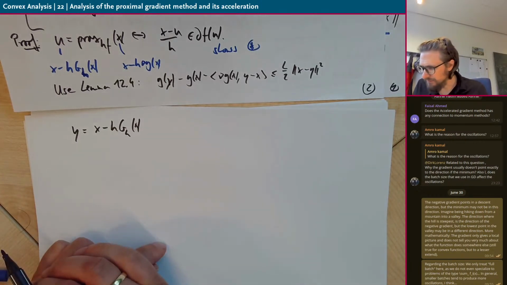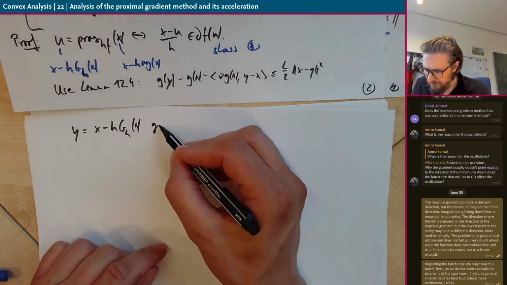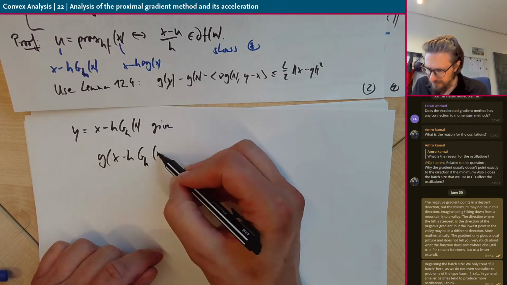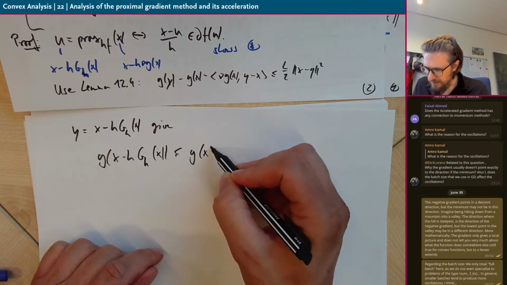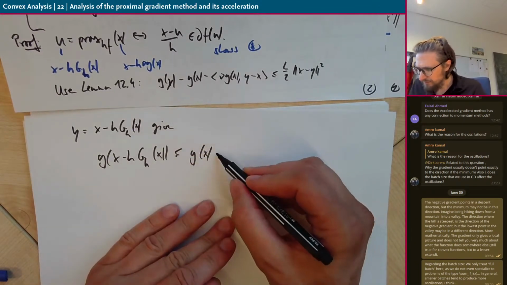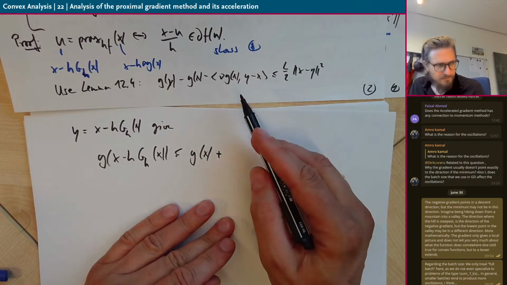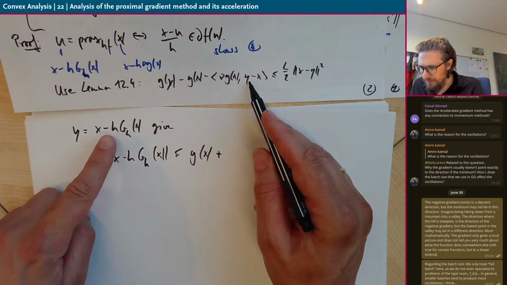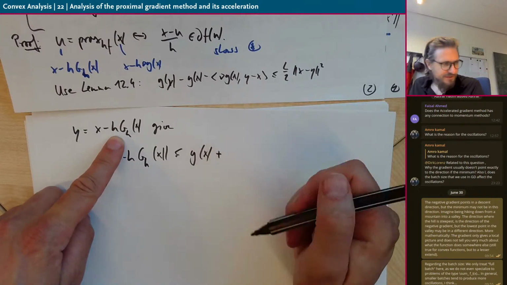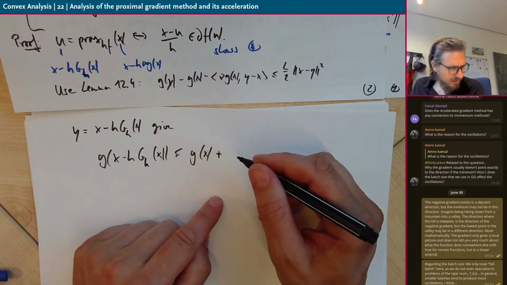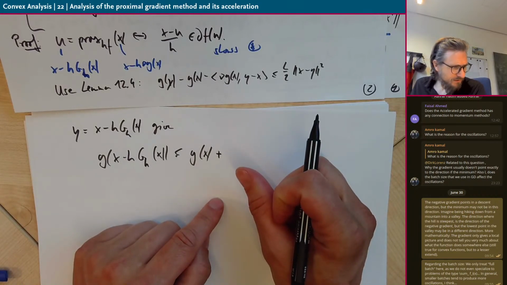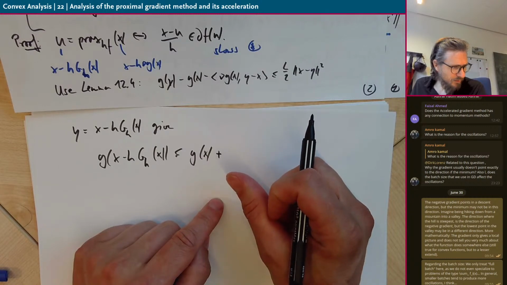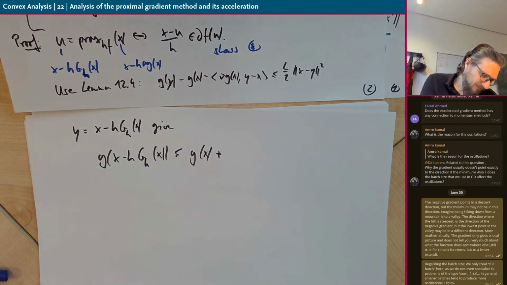Now it shows something almost. This gives us that g of x minus h gh of x is smaller than g of x, plus, so we bring this over here, y minus x is just minus h gh of x. So we get here a plus? Why do we get a plus? I messed up the signs somehow. Let me see.